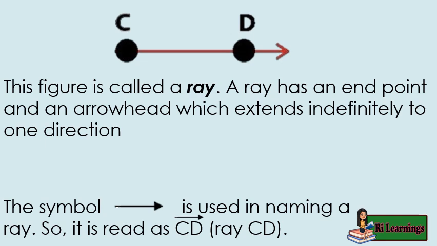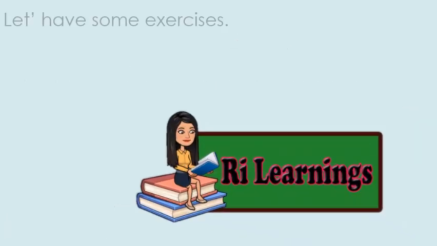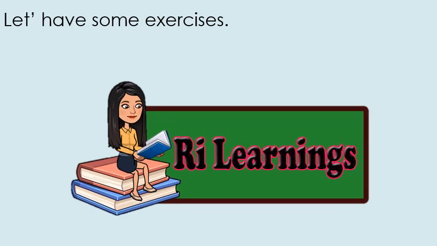A ray has an endpoint and an arrowhead which extends indefinitely in one direction. This symbol is used in naming a ray. So, it is read as ray CD, with a ray symbol on top. Let's have some exercises.